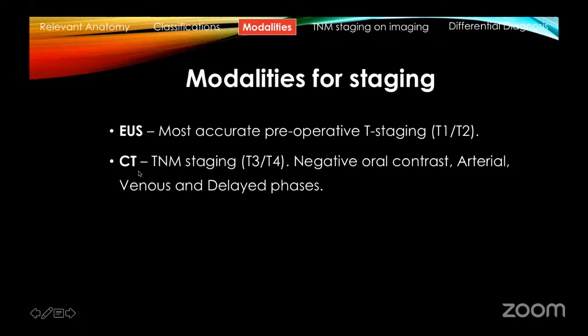The CT may or may not be able to differentiate between the T1, T2, but it's highly effective when it comes to the T3, T4 disease. While imaging, what really helps is if we give a negative oral contrast, such as mannitol. If that's not available, maybe water, but that's not as effective. And we take the arterial, venous, and delayed phases.